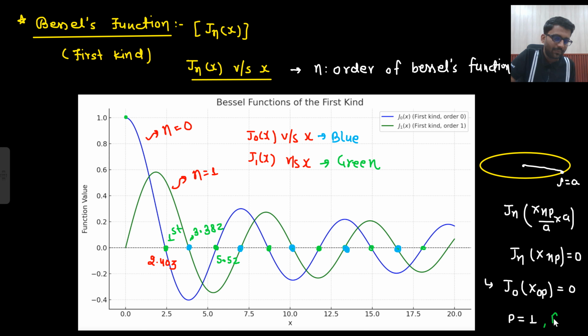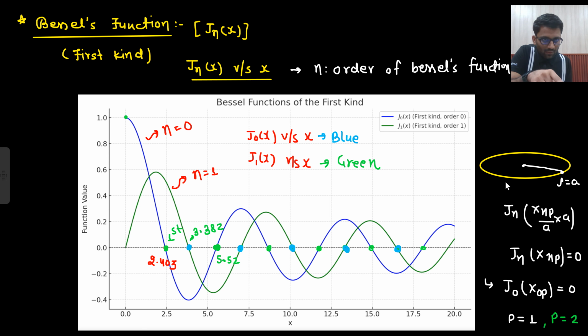Now let's say p equals 2. Any random value of n I put, I have put n equals 0, and now I am changing the p value from 1 to 2. If p equals 2, I am talking about this curve and this point.